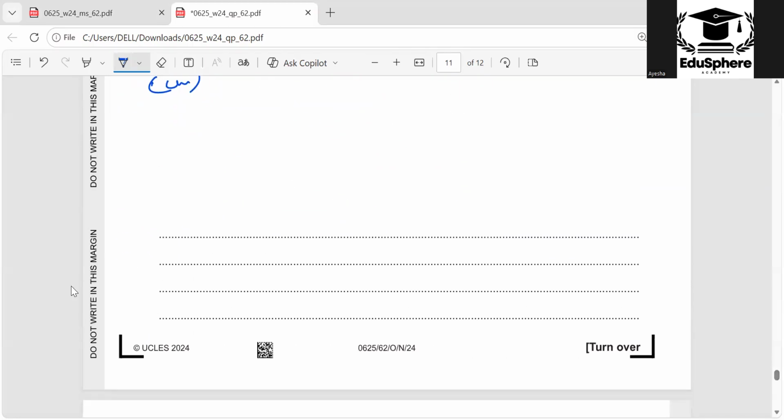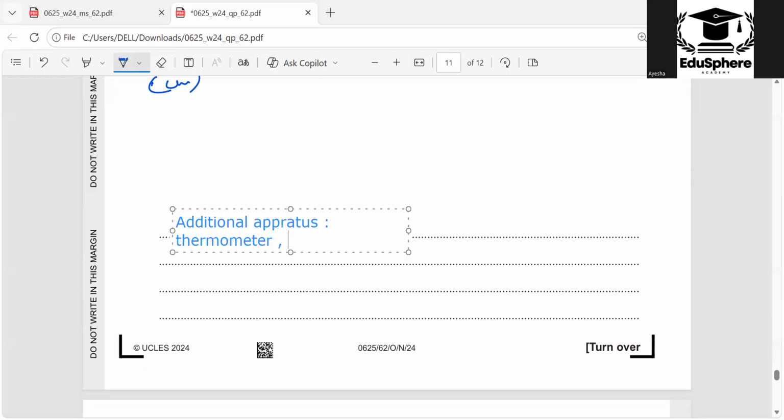Now what we have to write here. First, we are going to write the additional apparatus. So additional apparatus, the first thing, as I said, thermometer.